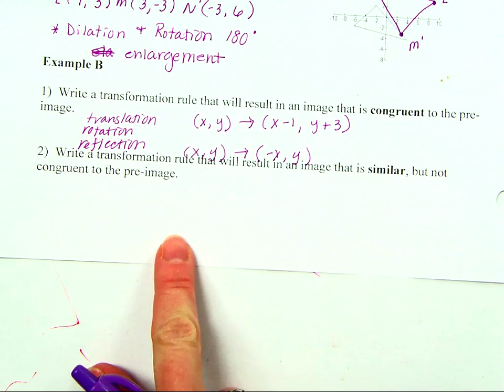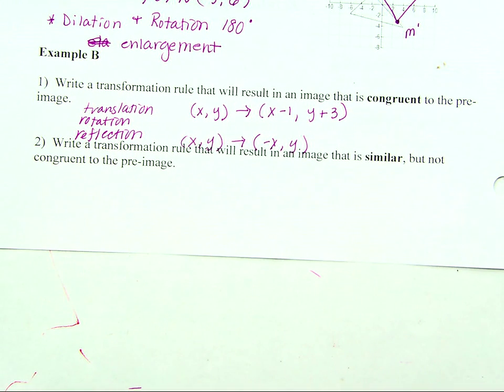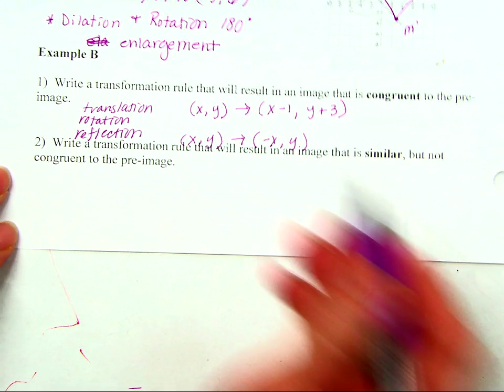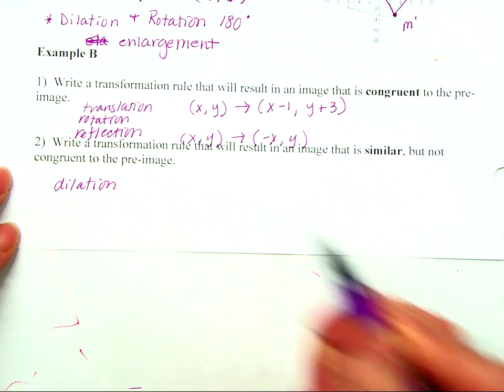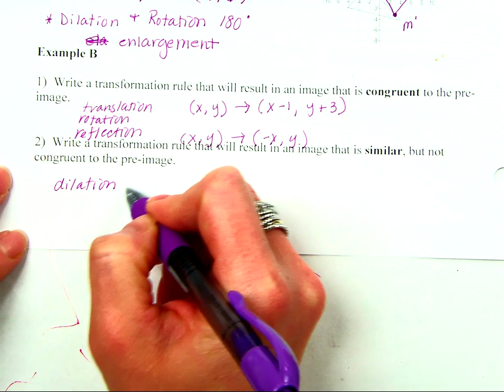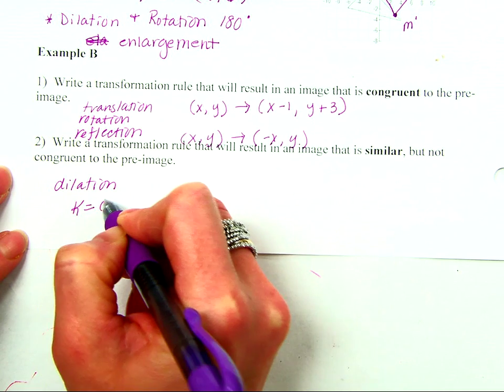Question 2 asks us to write a transformation rule that will result in an image that is similar but not congruent to the pre-image. So similar but not congruent, we know that we want to look at a dilation. And we do not want our scale factor to be 0.